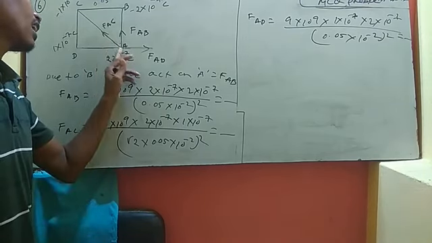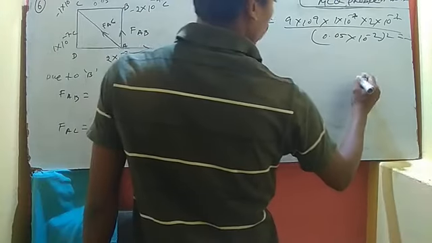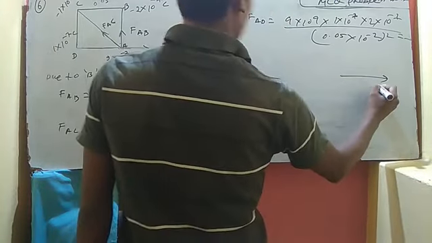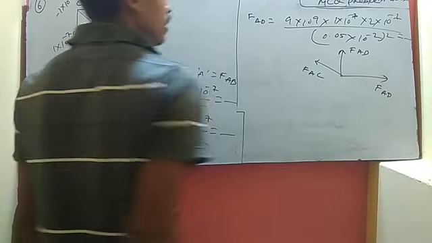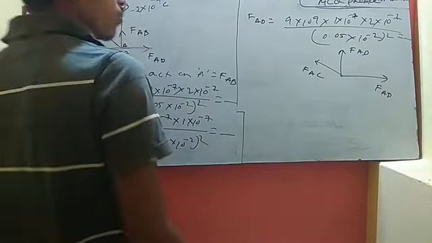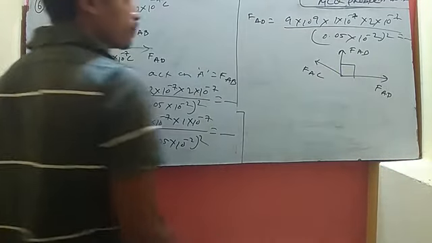So for the net force, one force acts as FAD, another force acts as FAB, and FAC. So this is the angle, 45 degrees. We already know this is 90 degrees, this is 90 degrees, and this is 45 degrees.